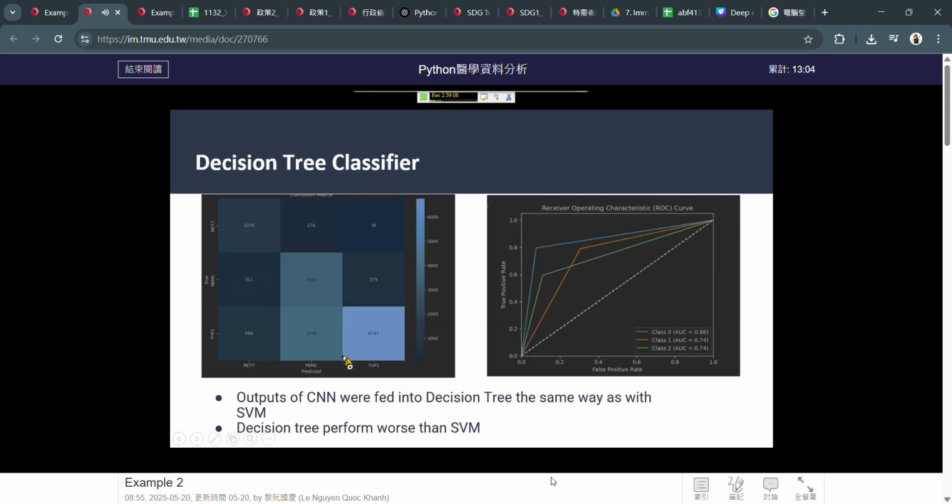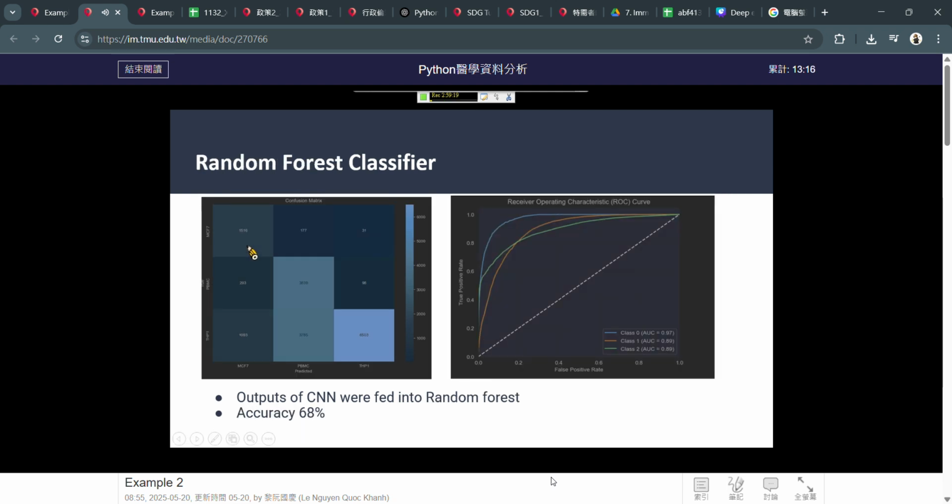The same problem is with decision tree. The accuracy is also around 0.7, and also THP1 and PBMC are often mixed. Other cell lines are distinguished pretty well. And the random forest also shows 68%, very close to the numbers given by the paper.